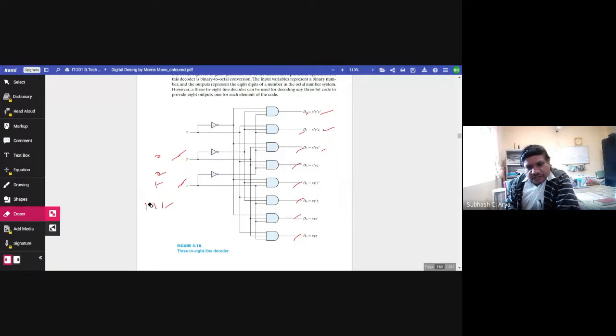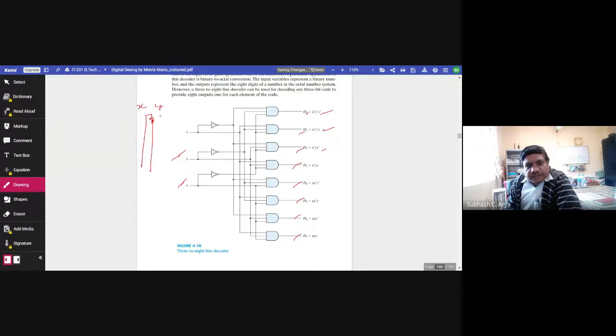As I have done earlier also, I will show you once, then another one you can do in expanded form. So here I have line x, and I will take here x bar.